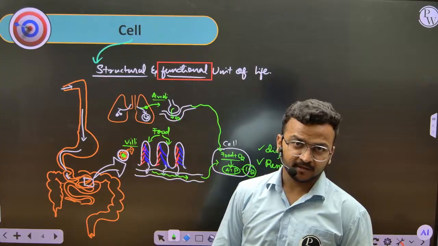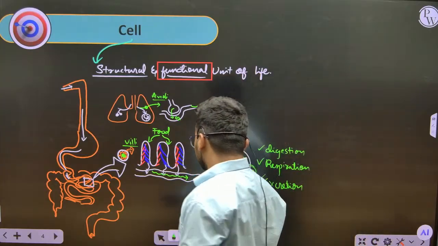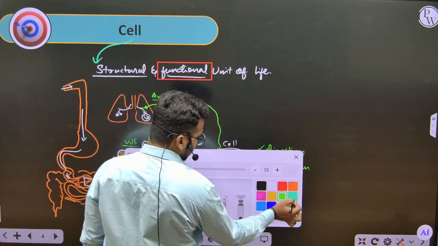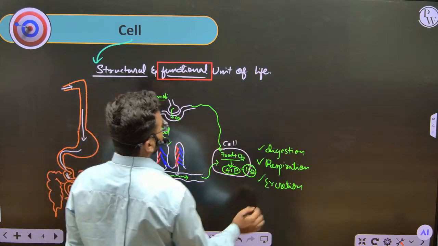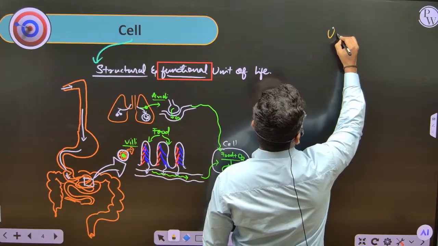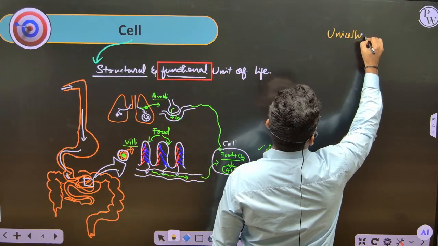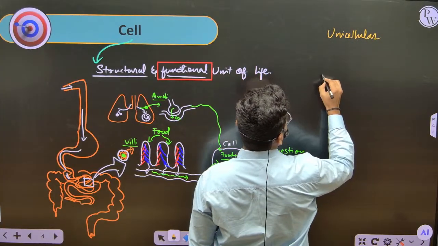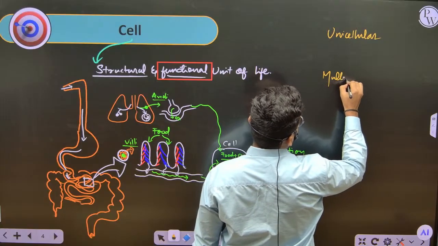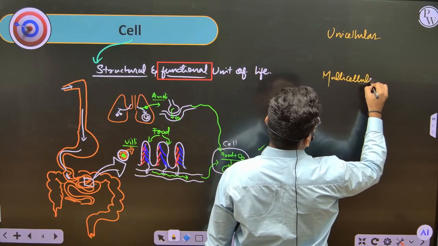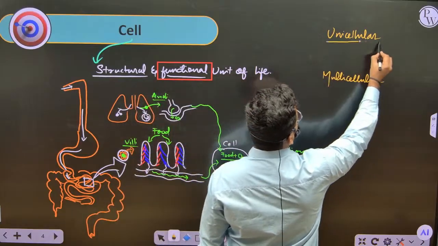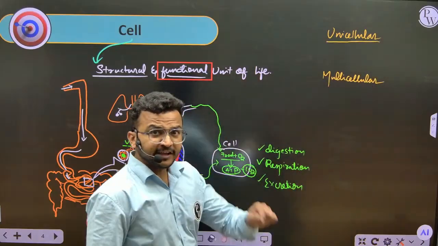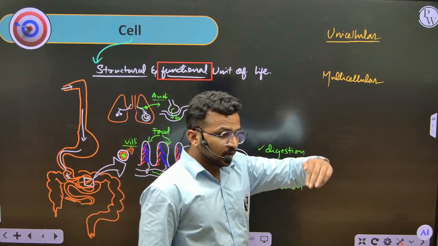Based on the number of cells, there are two types of organisms we will be seeing: unicellular organisms, and if many cells are present, we call them multicellular organisms. Unicellular organisms are where a single cell makes up a life.